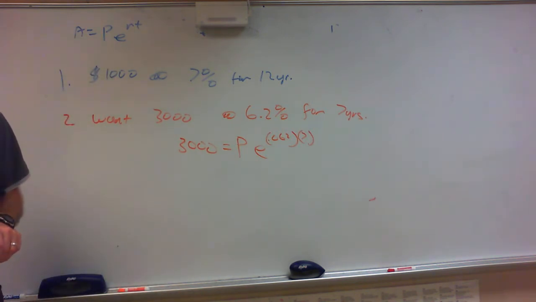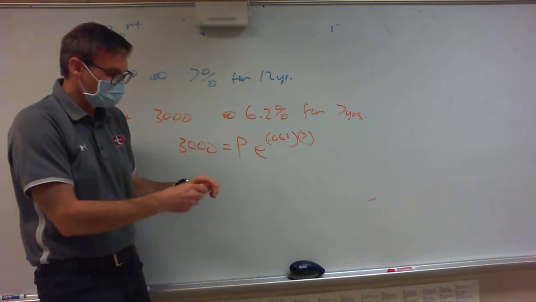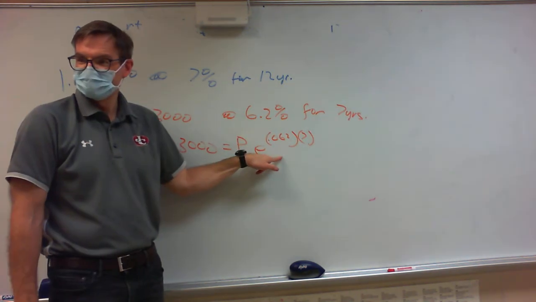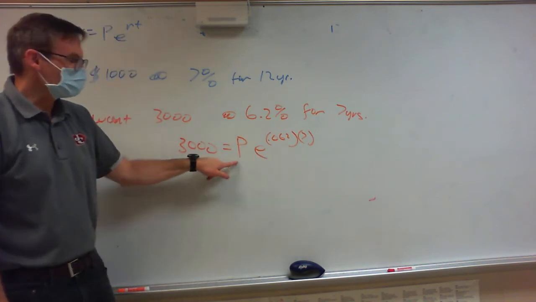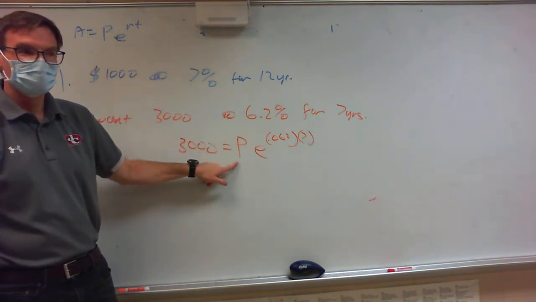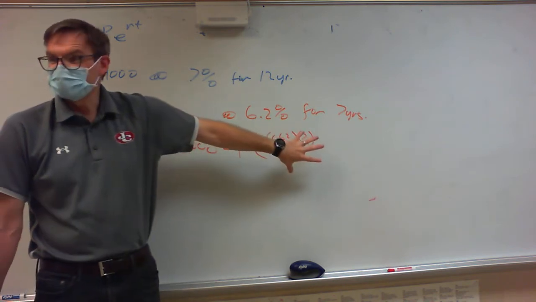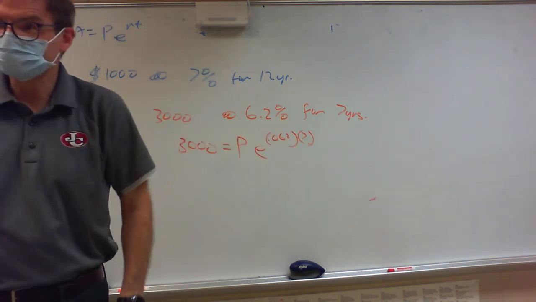Everybody okay with that? Now, can we agree that this thing over here is going to be a number? So guess what I need to do to solve for P? Take 3,000 divided by whatever that number is. So everybody type it in.